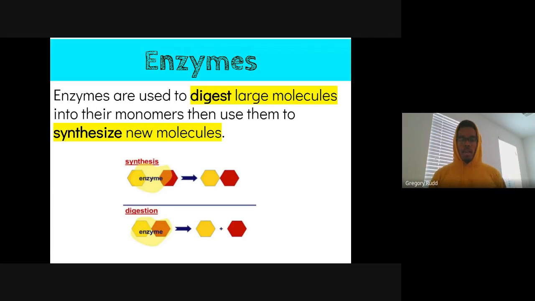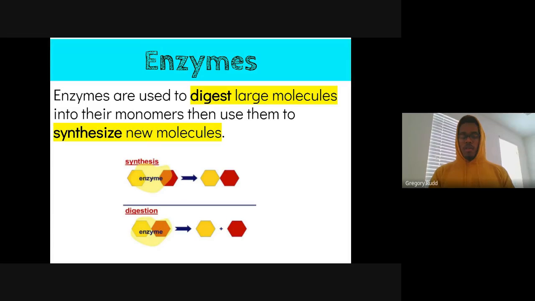Enzymes and most living organisms function in the same way. We want to be as efficient as possible. So these enzymes digest things, which means that they can break them down. But then I need another enzyme to synthesize something, which means to build it. So I'll type that into the chat. Synthesize.